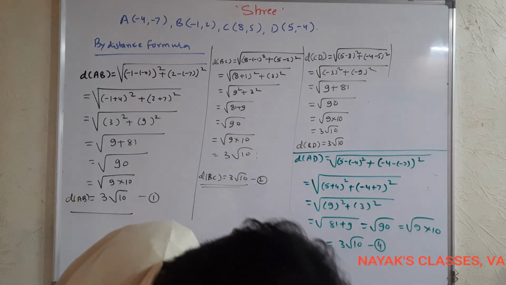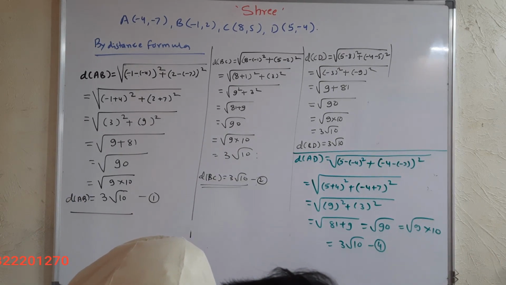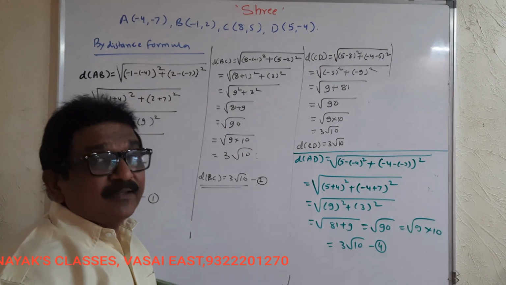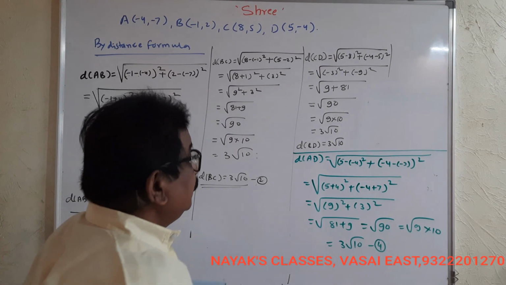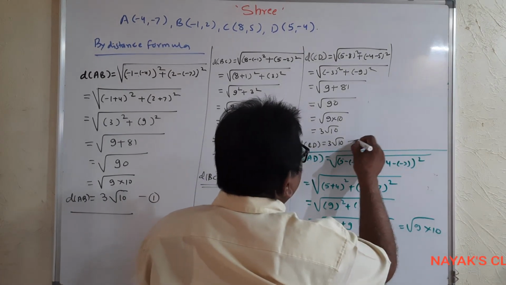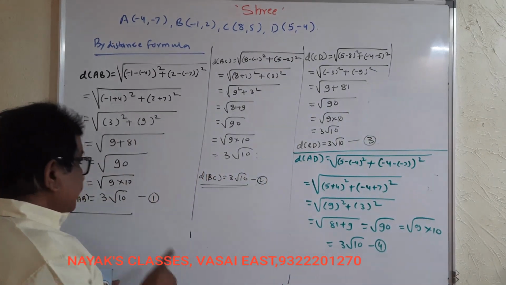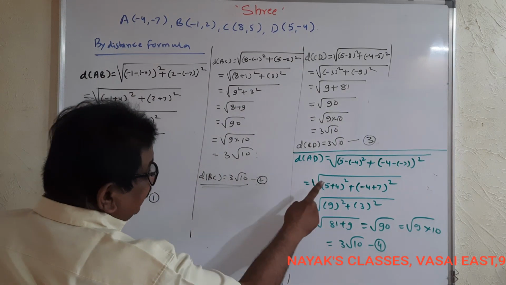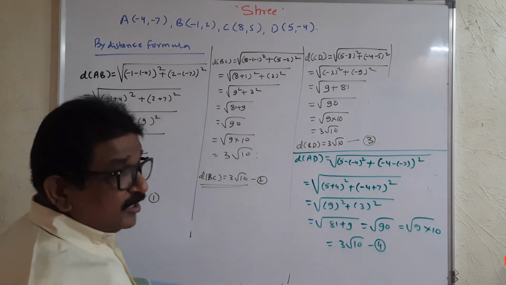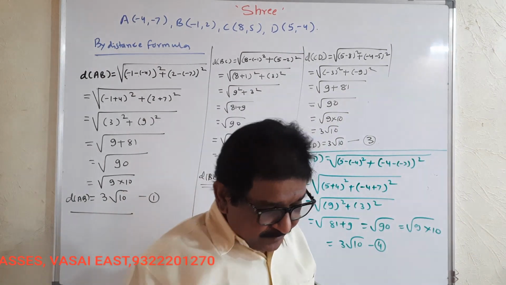Correct? I am doing these examples quickly because of practice. You have to be very, very strong in your practice. From 1, 2, 3, 4, all the distances are same.